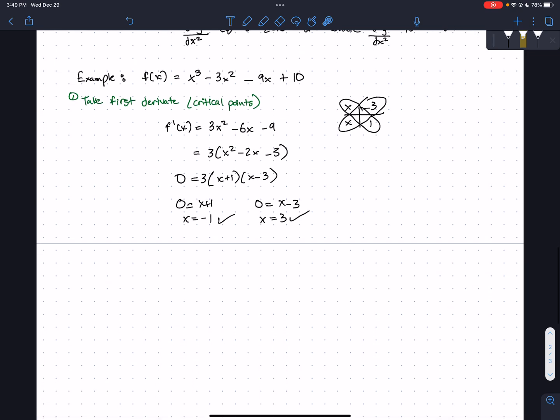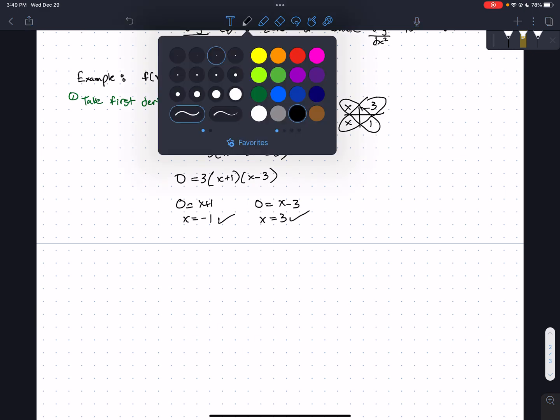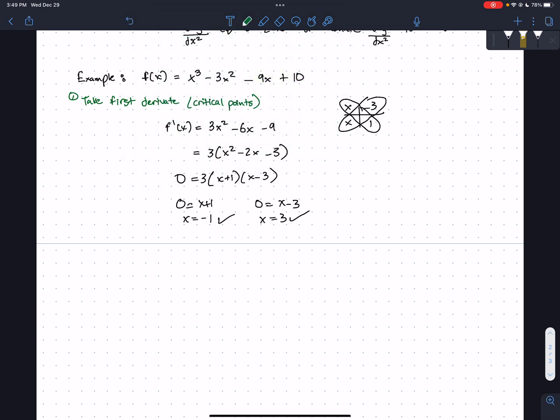So now let's take our double derivative. So before I do that, I'm going to set equal to 0 and find roots. These are the roots because roots are the values of x when y is equal to 0, right?